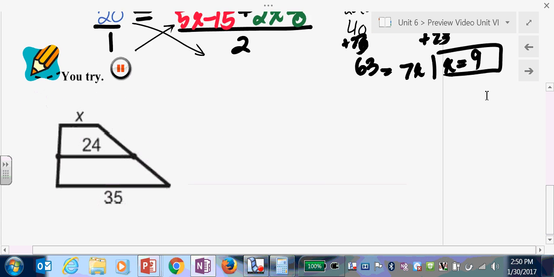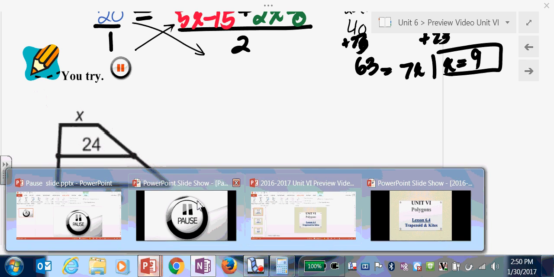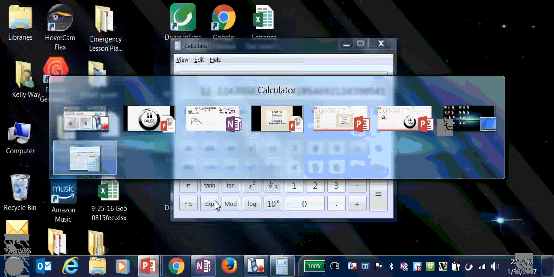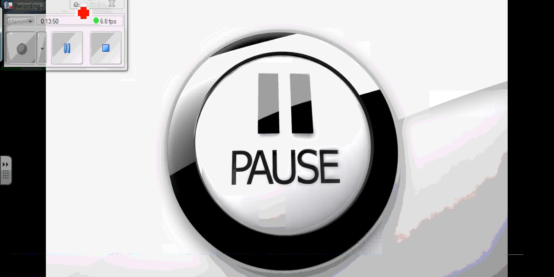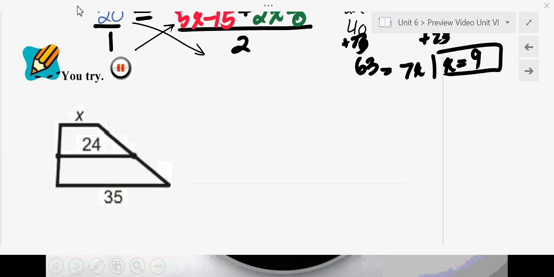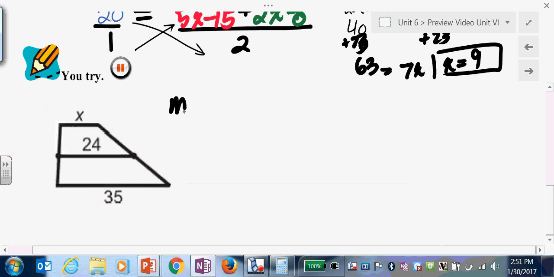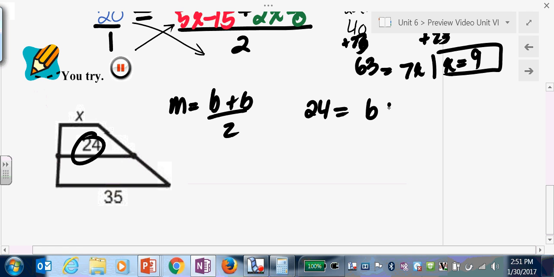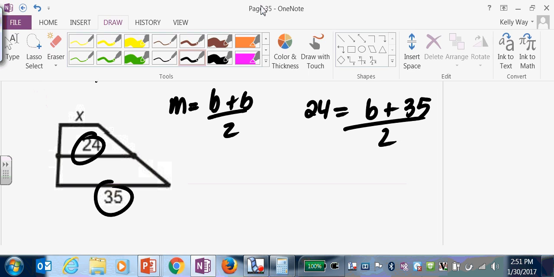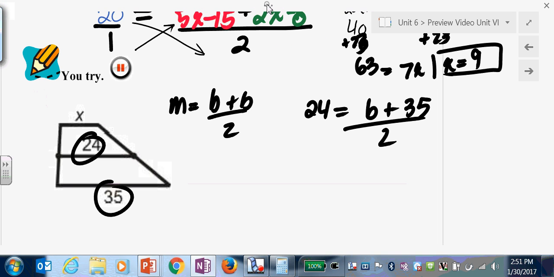Try that one on your own. Pause. Okay, so you should have gotten, if you did this correctly, again, median equals base plus base over 2. Equations have two sides with an equal sign. So our median this time was 24 equals base plus the unknown base, 35 over 2. We're going to pop this over 1 on the left-hand side.